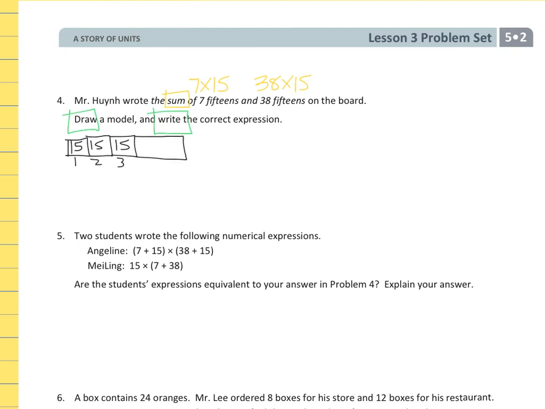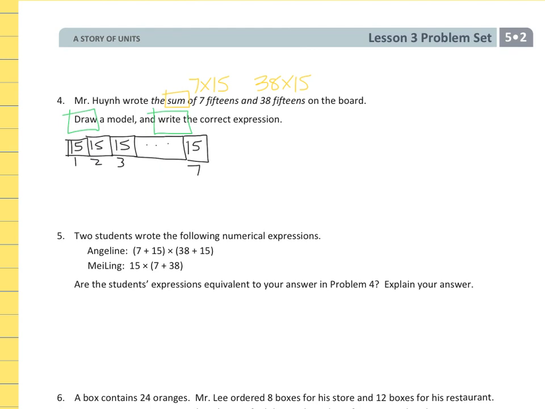And then I'm going to do a box that means I'm continuing on. And my last one is going to be a 15 box, but it's going to be my 7th box. So this shows you that I have 1 15, 2 15s, 3 15s. Right here is 4, 5, 6, and then here's my 7 15s.